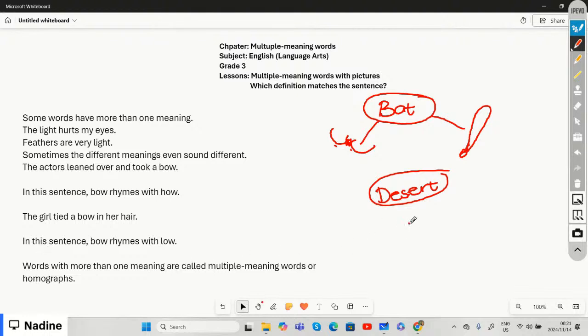And then we also have another word, which is left. The meanings of left: it is directions, as in I go left. That is the first meaning. You need to look left before you cross the road.